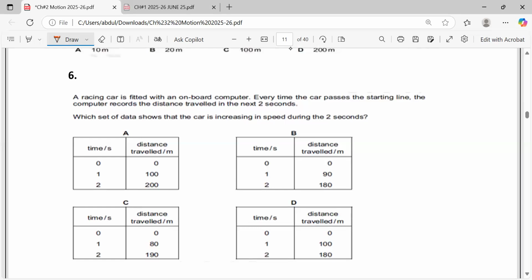So distance over time, we can get the speed. Which set of data shows the car is increasing in speed during the 2 seconds?